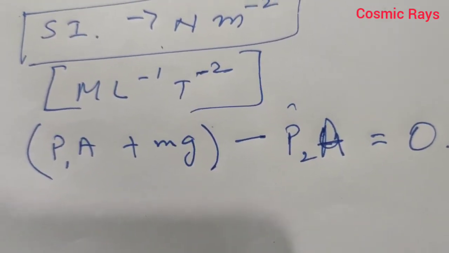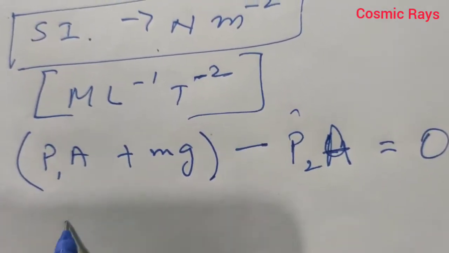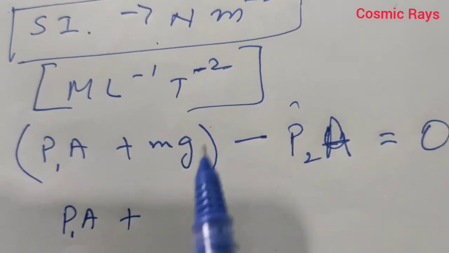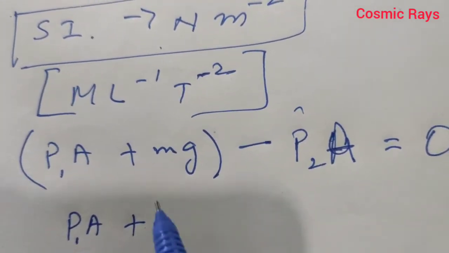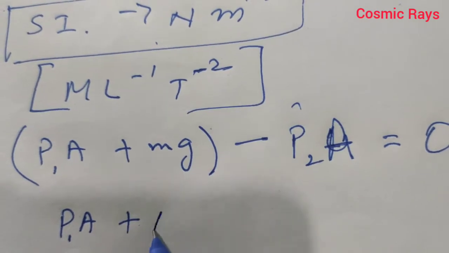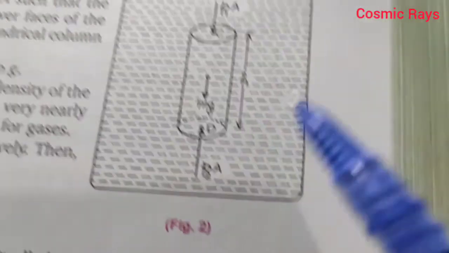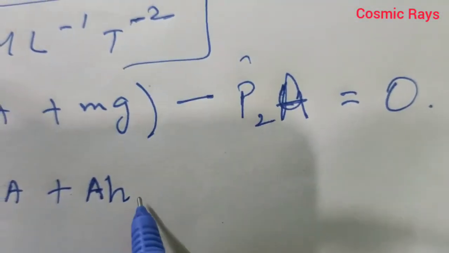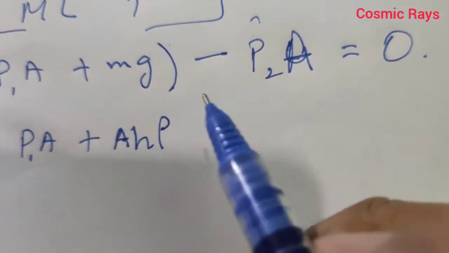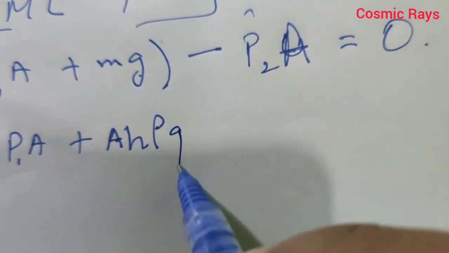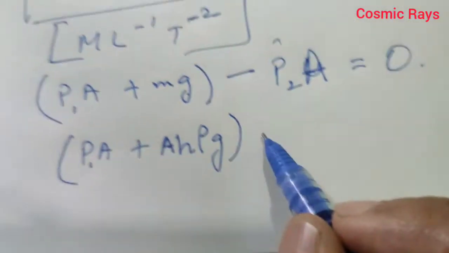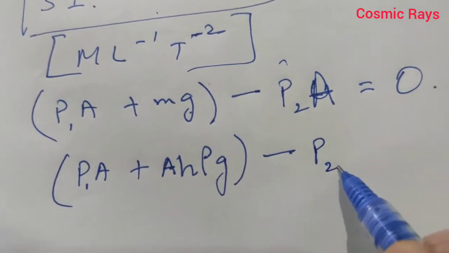Now we find P1A remains as it is. Mass is nothing but area multiplied by the height of the column, you can check this, multiplied by the density of the liquid, and then this g, minus P2A.